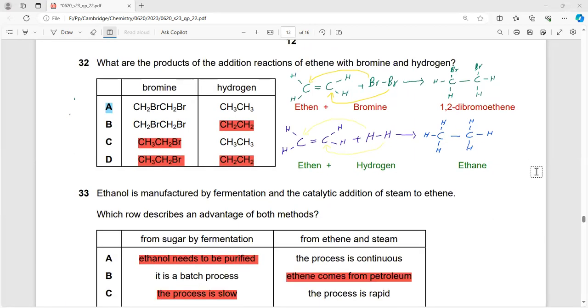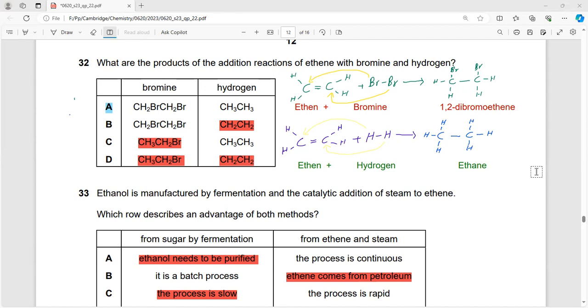What are the products of the addition reaction of ethene with bromine and hydrogen? You can see that ethene contains a double bond. It will react with the bromine in an addition reaction, and the double bond will split into a single bond, and the bromine will add to each carbon. This will produce 1,2-dibromoethane.